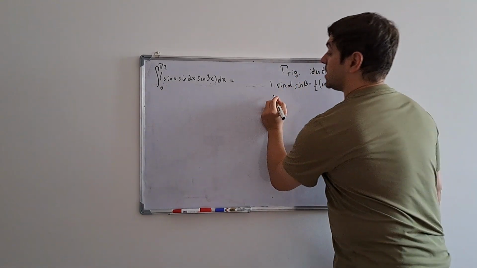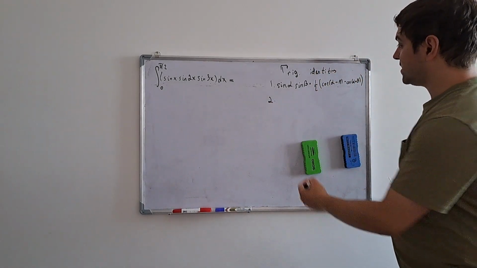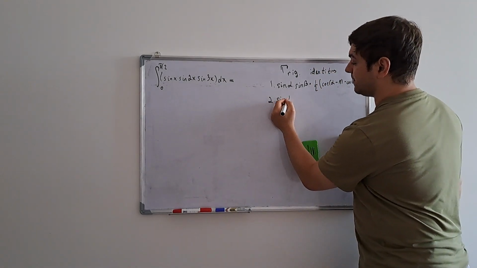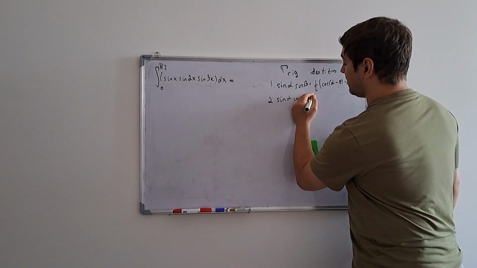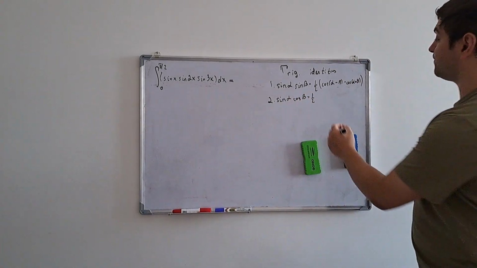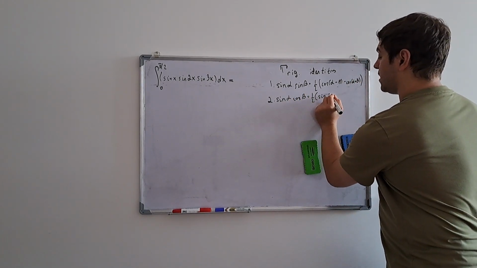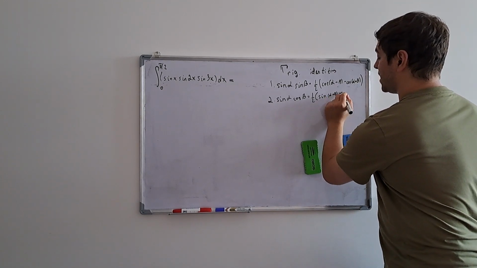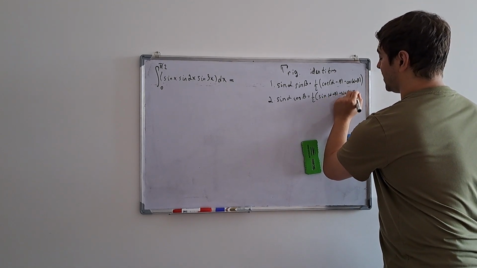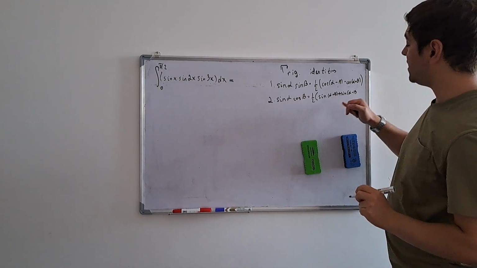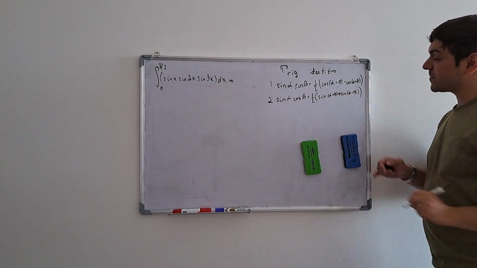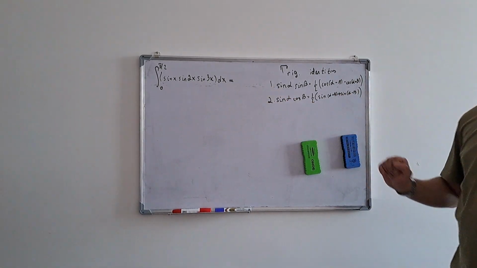The next identity that I want to use is sine alpha times cosine beta, which gives 1 over 2 times sine of alpha plus beta plus sine of alpha minus beta. So I will be using those two identities.